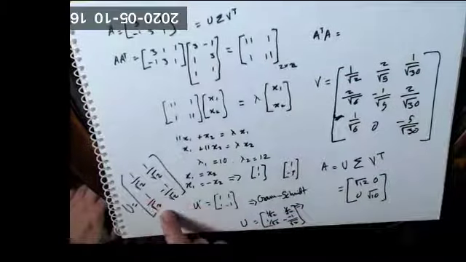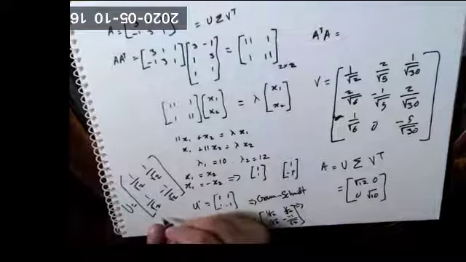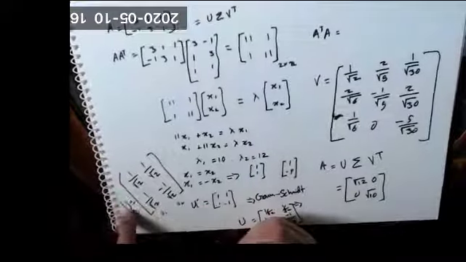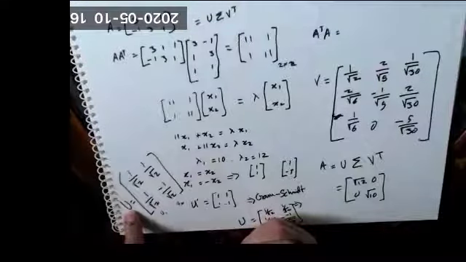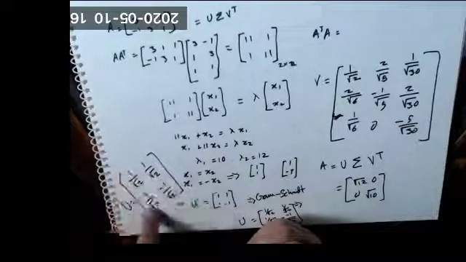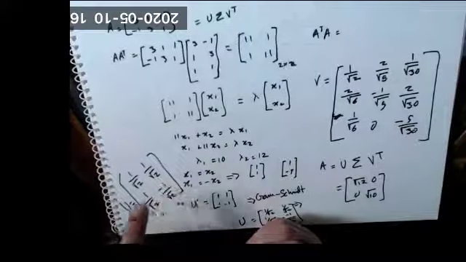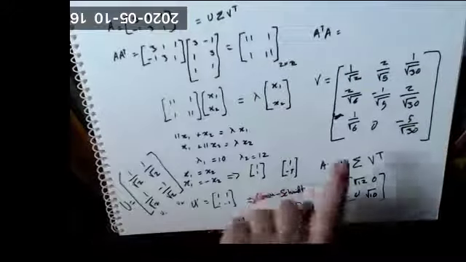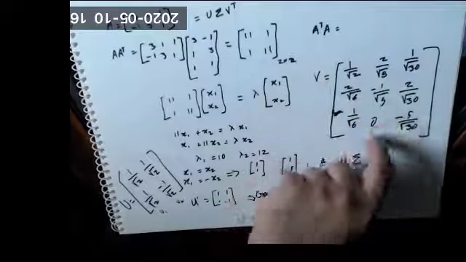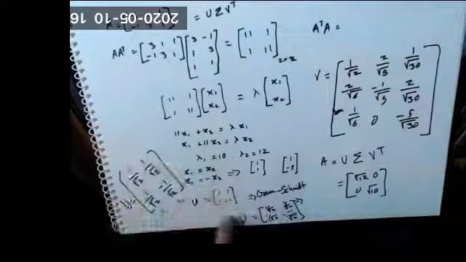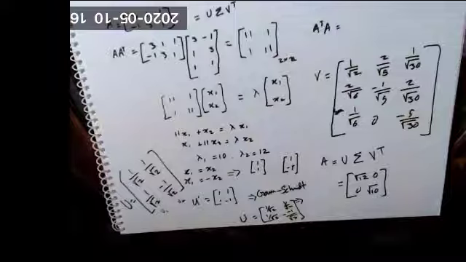So this is U1, this is U2, and this is the big matrix U. The big matrix is orthonormal, which means all its vectors are of unit length and they are perpendicular to each other. The same goes for V over here. This is a 3 by 3 matrix, but I also calculated it using exactly the same procedure, Gram-Schmidt.